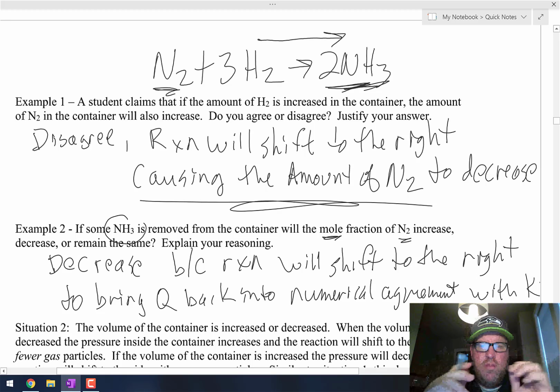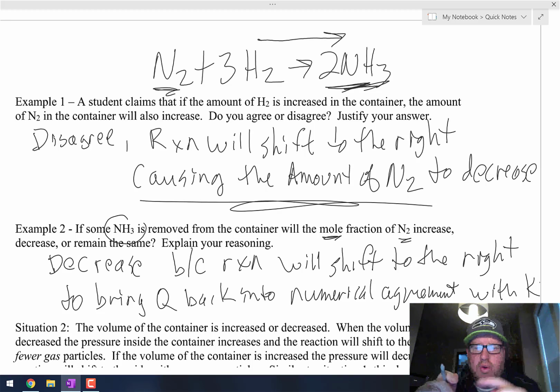So when you remove some reactant or product, or when you add some reactant or product, Q all of a sudden, you're not at equilibrium anymore. So you have to figure out what Q is going to do. Q must do something to get back to the equilibrium constant, because when you remove a reactant or product, it will reestablish equilibrium with the same equilibrium constant, which means the ratio of the reactants and the products has to remain the same.